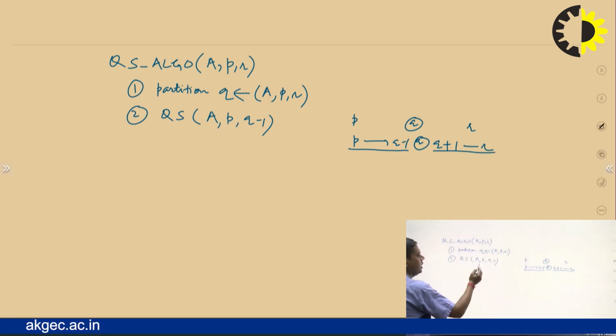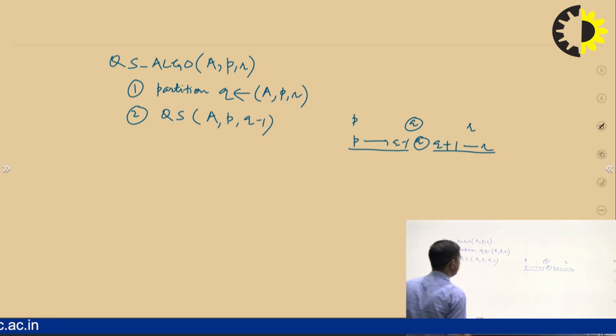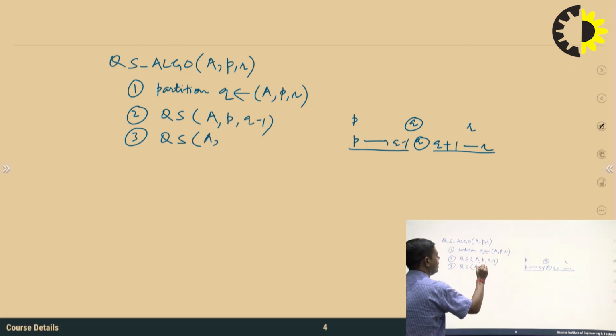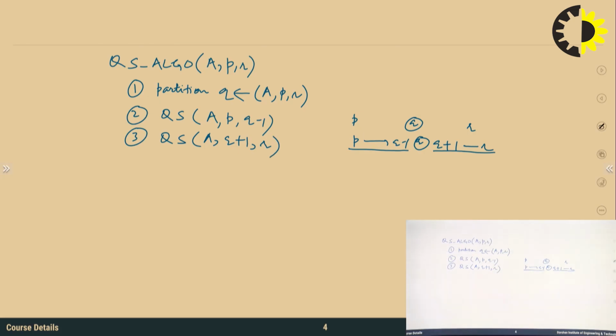So that is quick sort of array A, P to Q minus 1, and quick sort of array A, Q plus 1 to R.